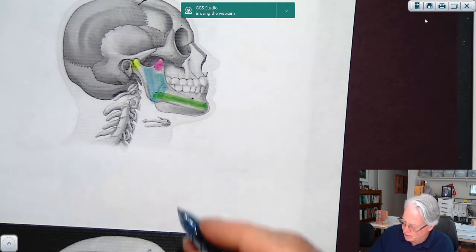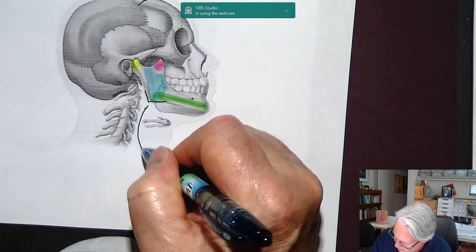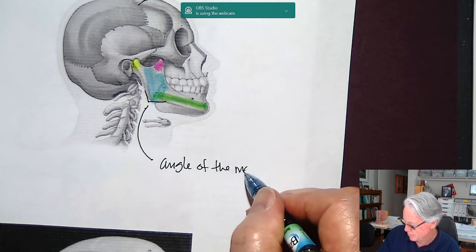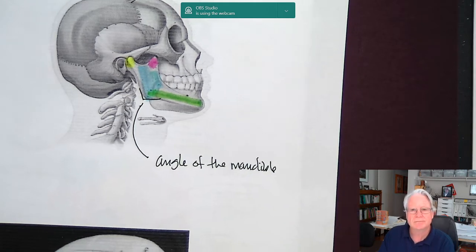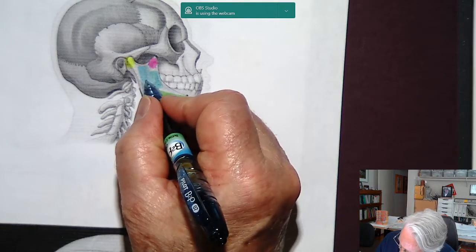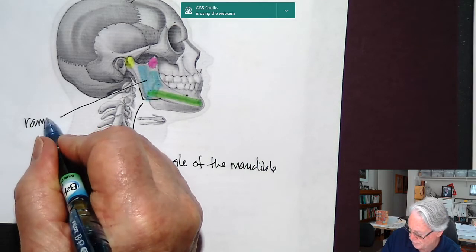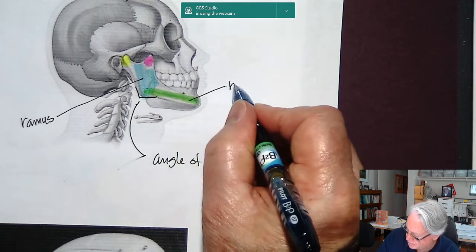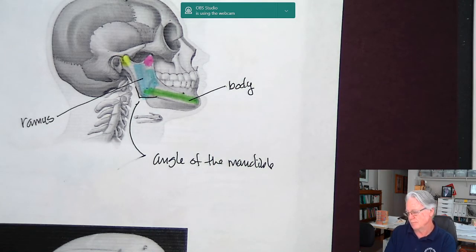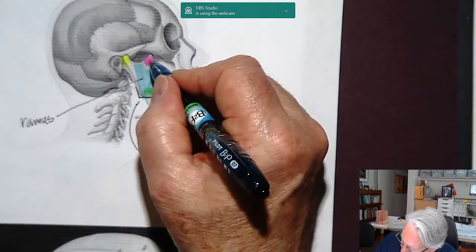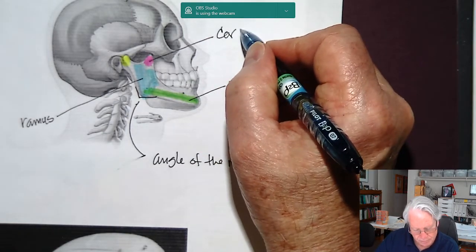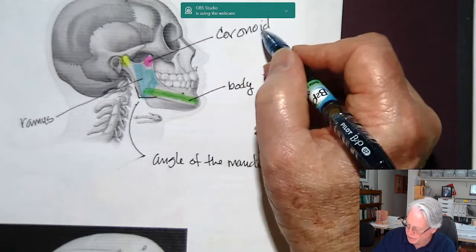Okay, so the angle of the mandible, the ramus, this is the body, this portion right there is the coronoid process.